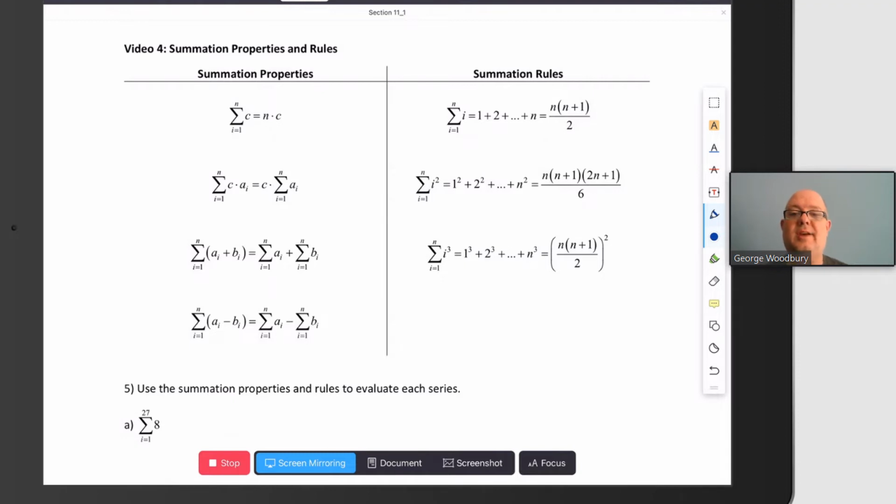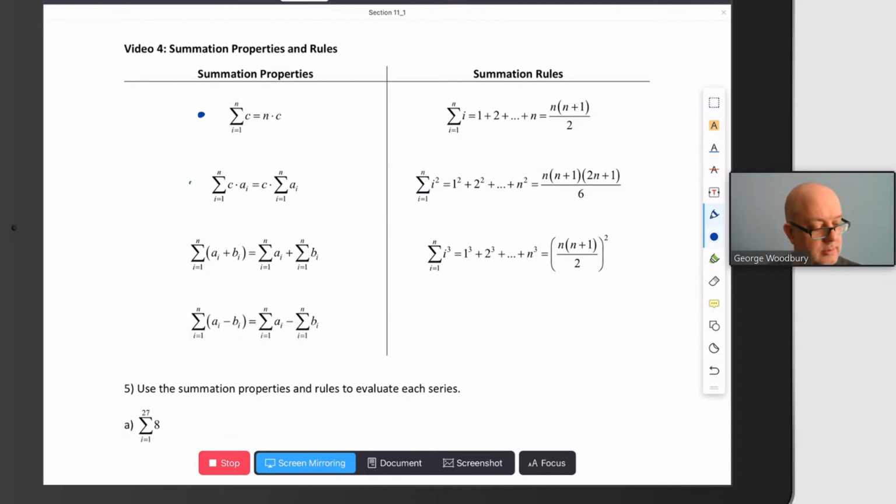The first property says that if we have a sum of a constant n times, we can just multiply n by that constant. So c is a constant number, like in example 5a down there, where we're going to take the sum of 8 from i equals 1 to 27.